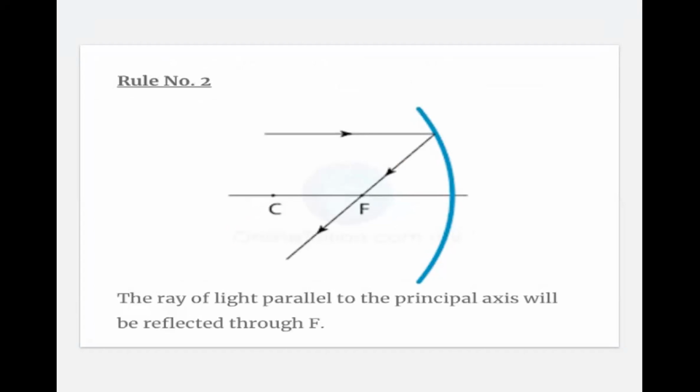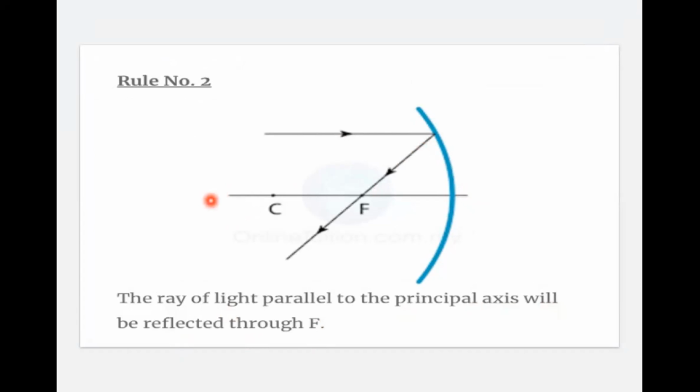Rule number 2, the ray of light parallel to the principal axis will be reflected through F, which means the focus. So if the rays of light are parallel to the principal axis, what is the principal axis?